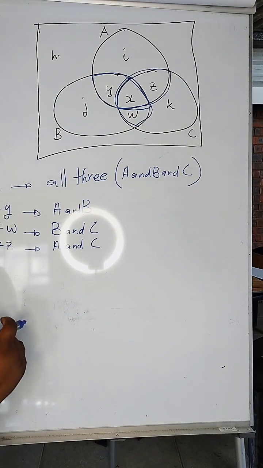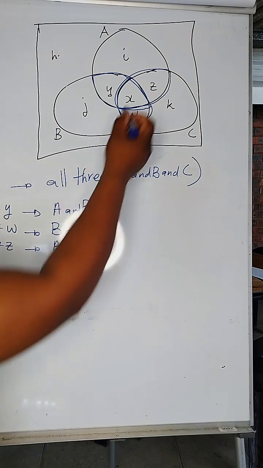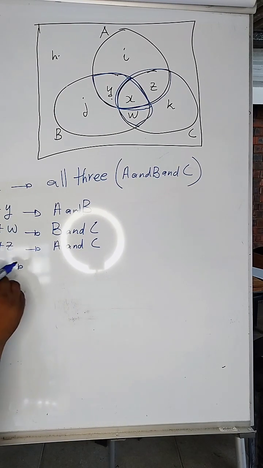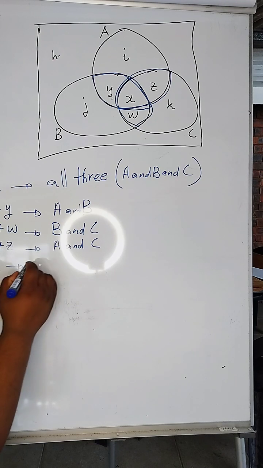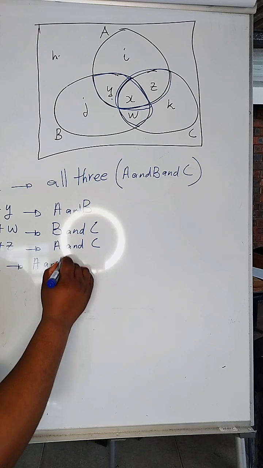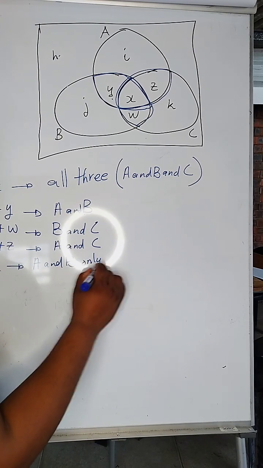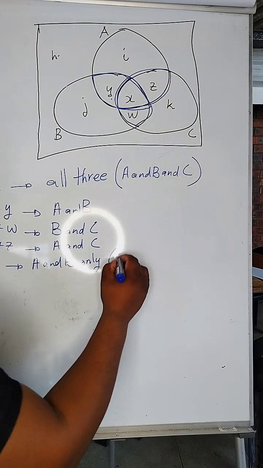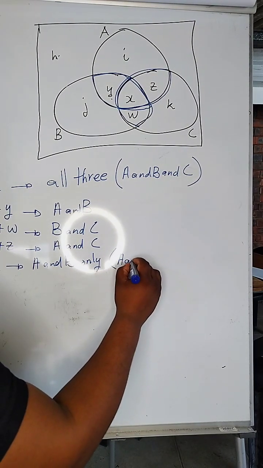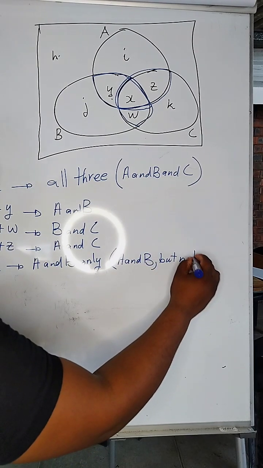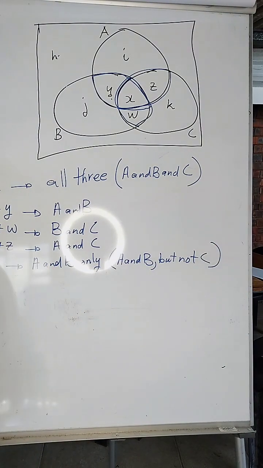But now, let's check. How do I find this Y only, okay? If I'm looking for Y, they will write this. For Y, they will write A and B only, or they can write A and B but not C. Okay?